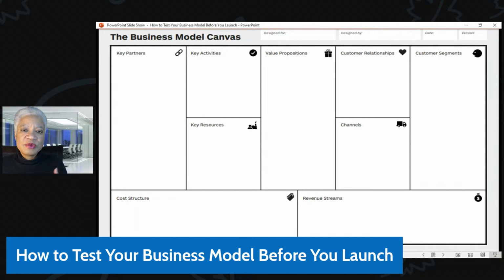So you're going to look at how much it costs to engage and retain partners. You're going to talk about the cost for the key activities, the key resources that you're going to need, how much it's going to cost you to engage your customers through various relationship channels, sales channels, distribution channels.